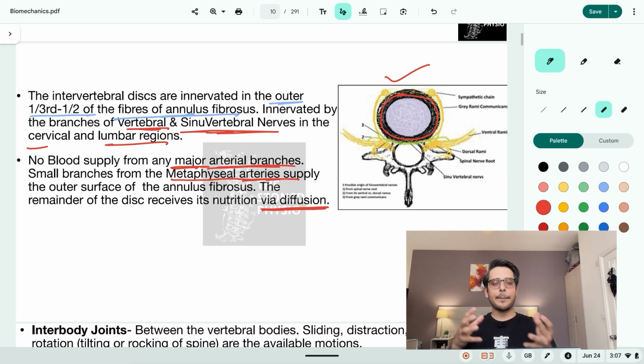That's the same thing happening with the intervertebral disc as well, and that explains how important it is for a person to bear weight on their legs, to stand, to walk. And that kind of explains why after an injury, as a physio, we don't let a person be bedridden for a very long time.